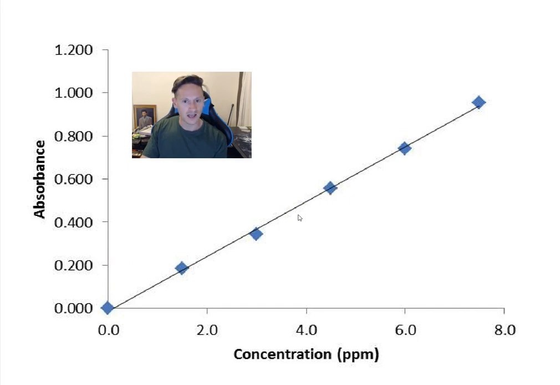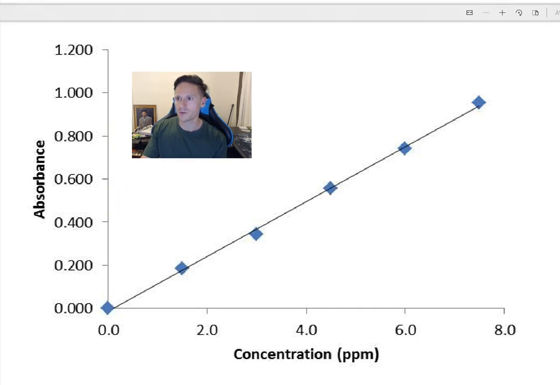Then, if you have a sample that you don't know, you'll find the absorbance reading. Just say the absorbance reading of an unknown sample was 0.5, and then you would go across. I should probably get a pen tool, shouldn't I? This is not a straight line, so I apologize, but let's see how straight I can draw it. Oh, this is bad. You go across, and then you hit the calibration curve.